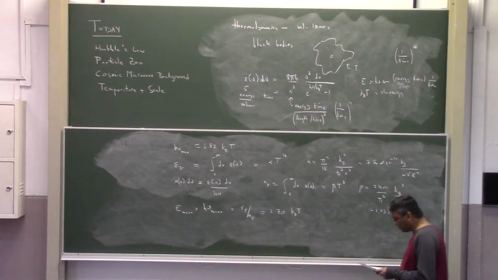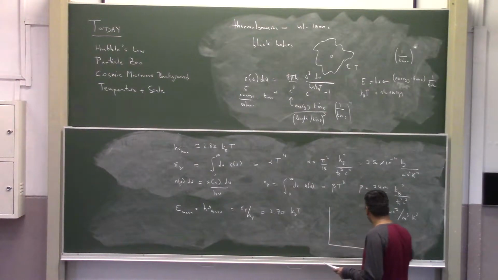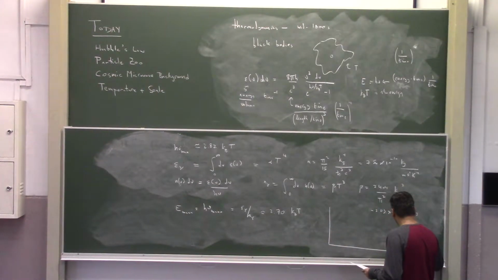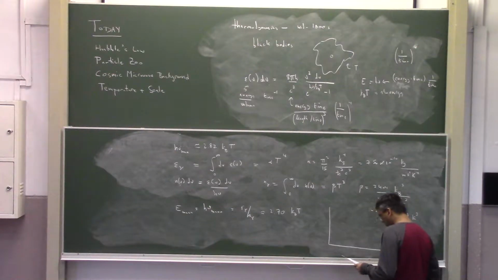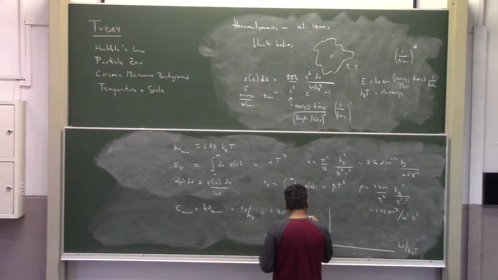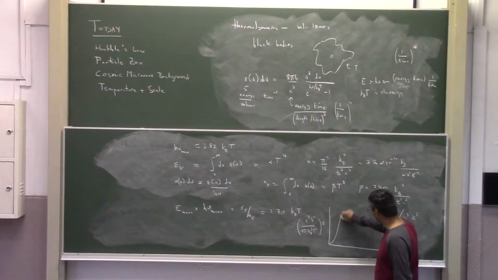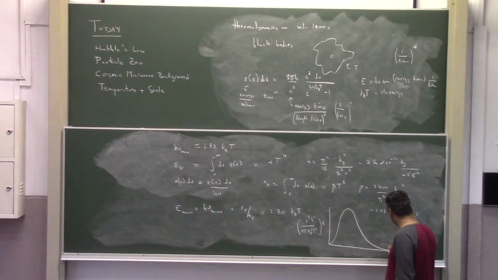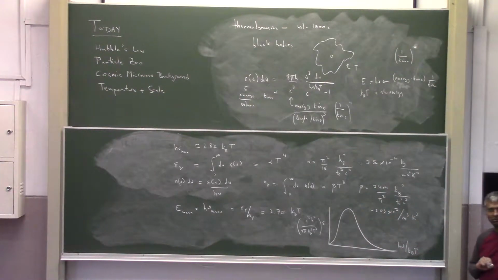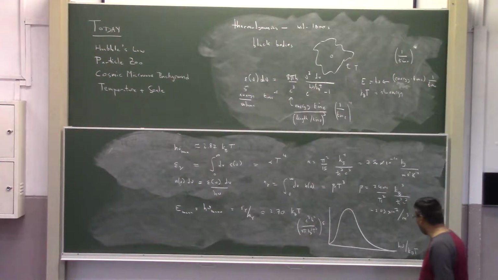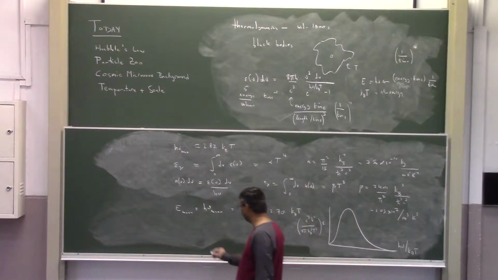So if you plot this as a function of frequency at a given temperature, this is just normalization, c cubed, h squared, h pi, k Boltzmann cubed, T cubed, times the energy density, this curve will look like this. This is the so-called black body spectrum.